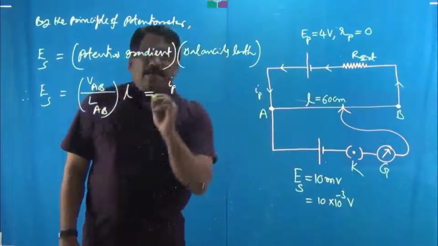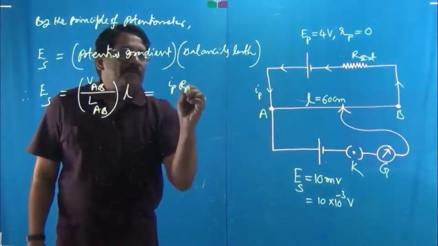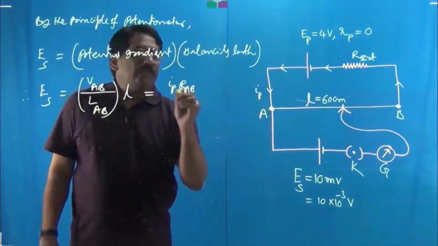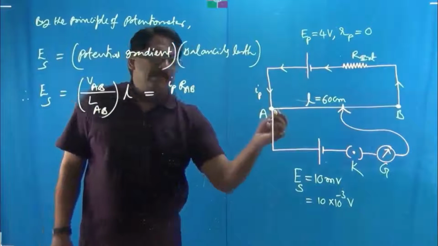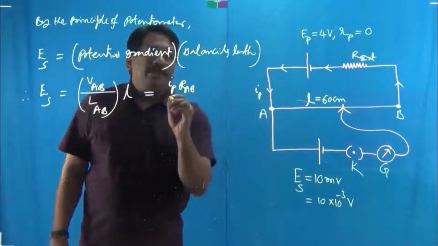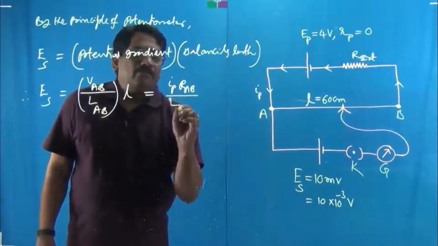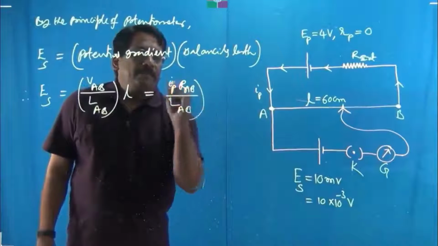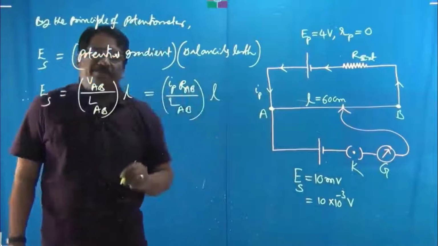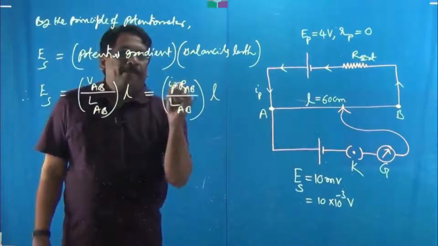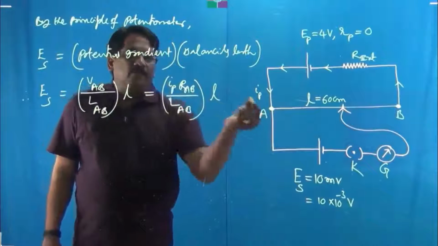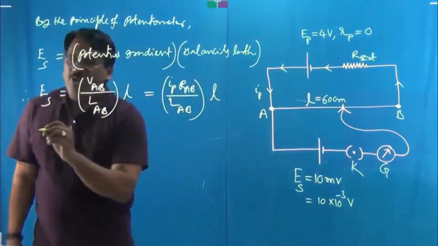So I primary into R of AB gives us V across AB, divided by L of AB, into the balancing length. Here, I primary we can write in a more elaborated way as follows.